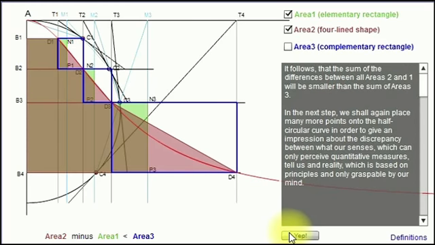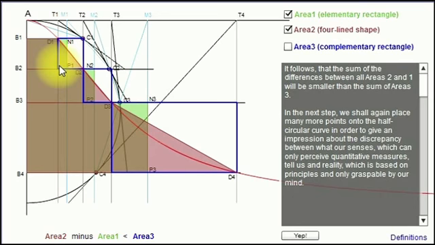of these rectangles on the curve. So you place like 4 points on the curve. That gives you 3 ordinate pairs, all of which will create an elementary rectangle, a quadrilinear area, and a complementary rectangle.